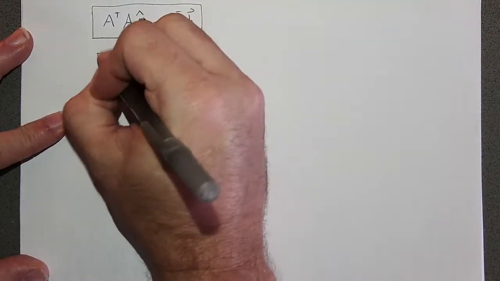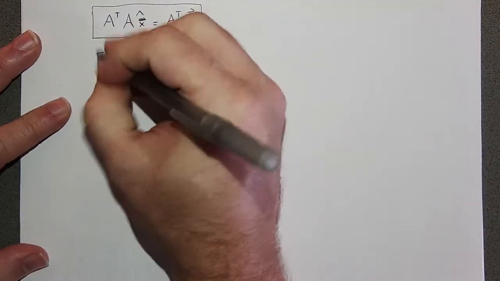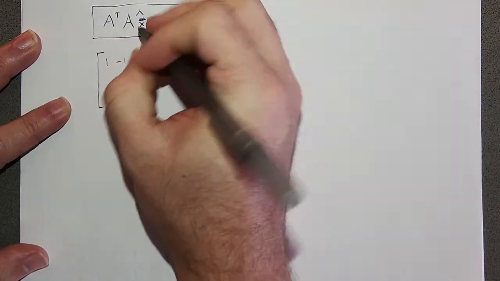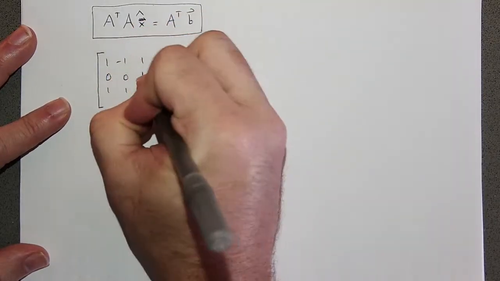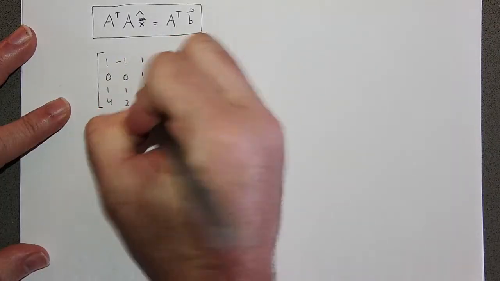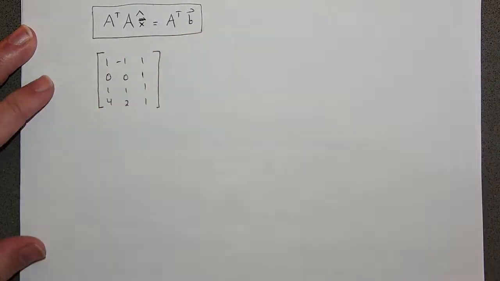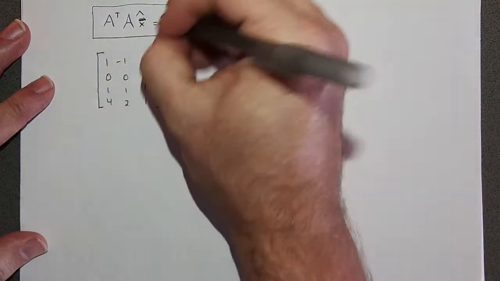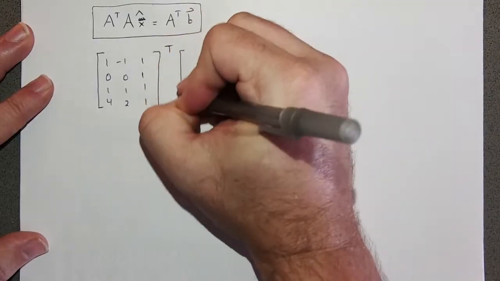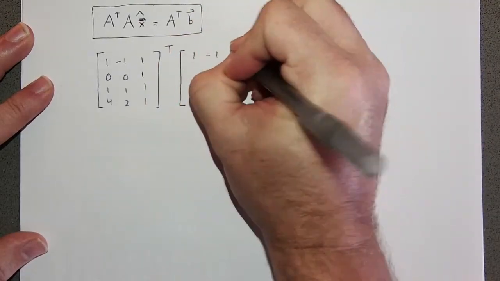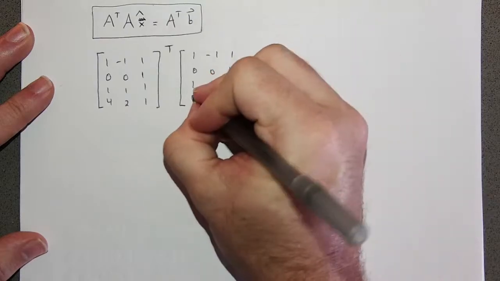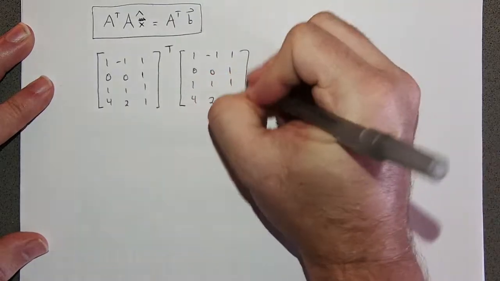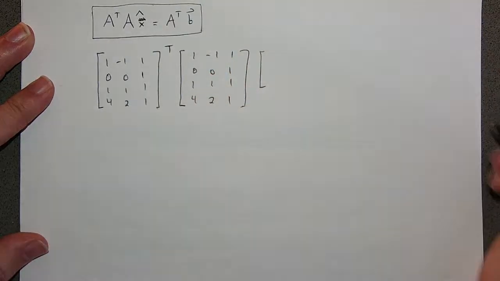Rewriting this then, this would be the matrix 1, minus 1, 1, 0, 0, 1, 1, 1, 1, 4, 2, 1 transposed, times the matrix itself, times this vector a, b, c.